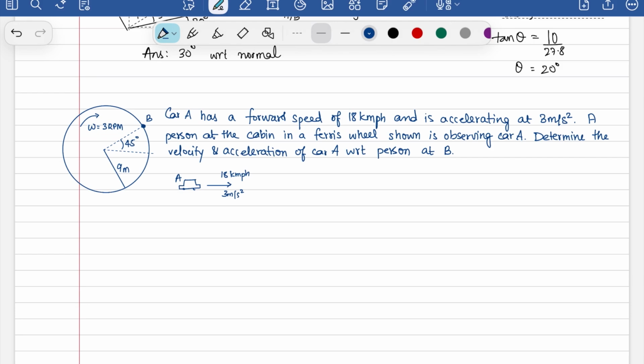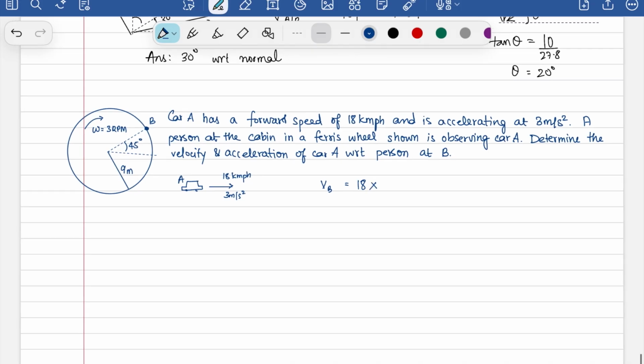Okay, so I'm going to write down the velocity of the car first. So VB is equal to 18 kilometers per hour, which if I convert it to meters per second, it would be, sorry, this is VA, the velocity of the car, is this much meters per second rightward, is 5 i hat meters per second.